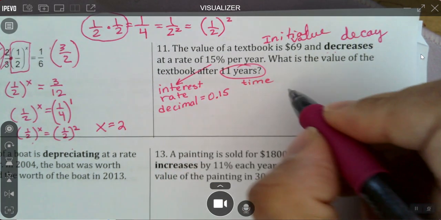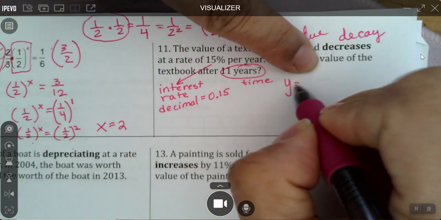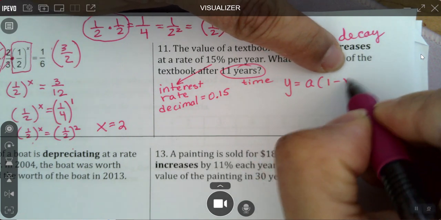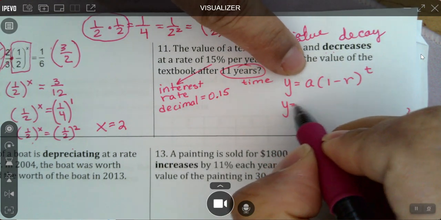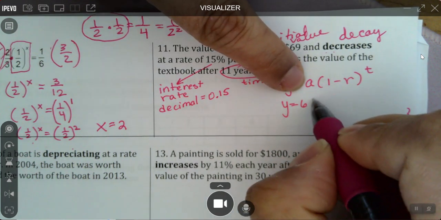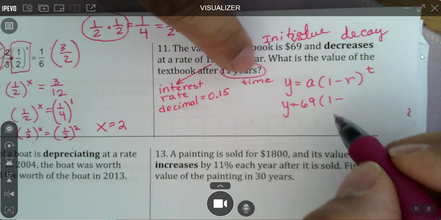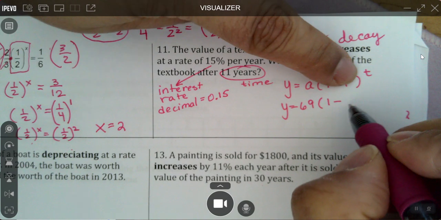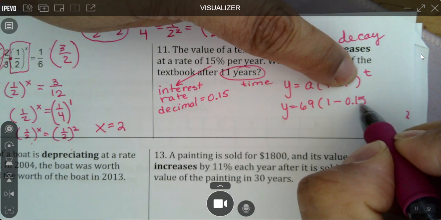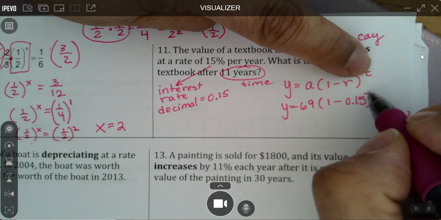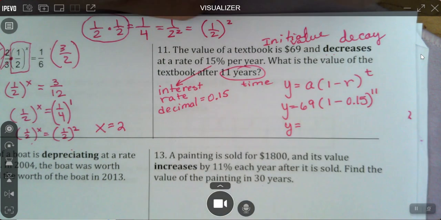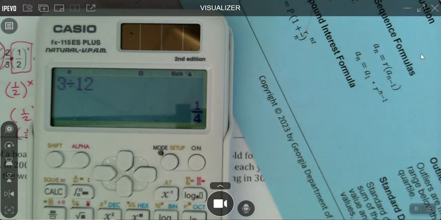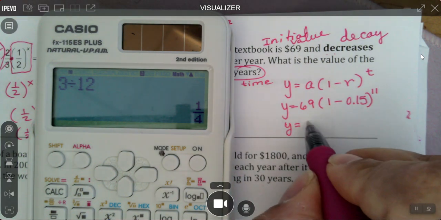So then you start off, oh, this is decay, so this is going to be y equals a, 1 minus r raised to the t. A is my initial value, which is 69. 1 minus not 15, but 0.15, raised to the 11, because time is 11. Is it 11.5?